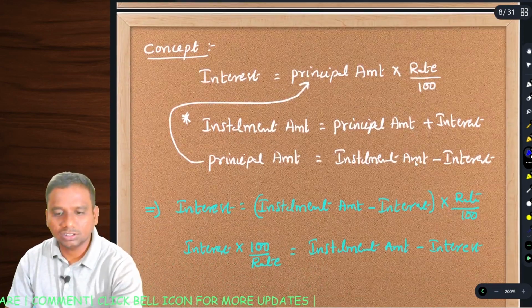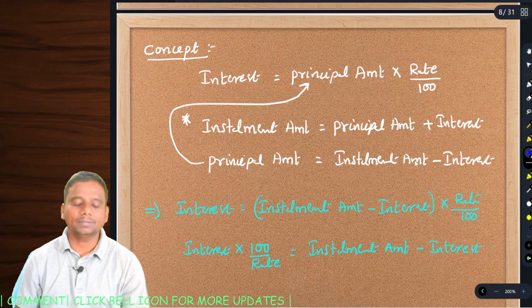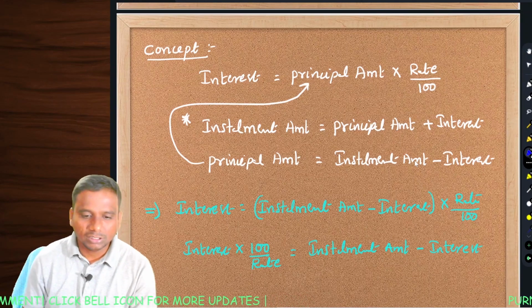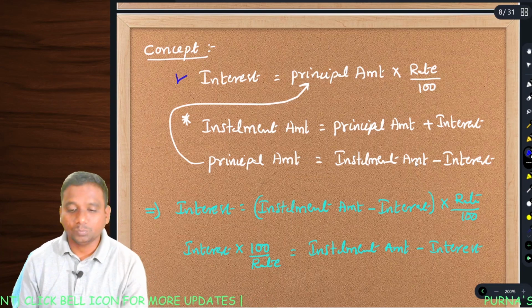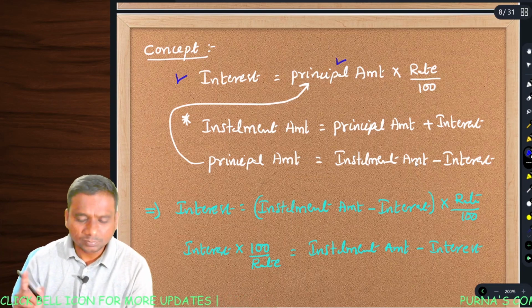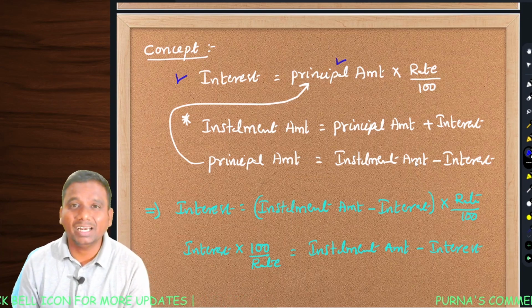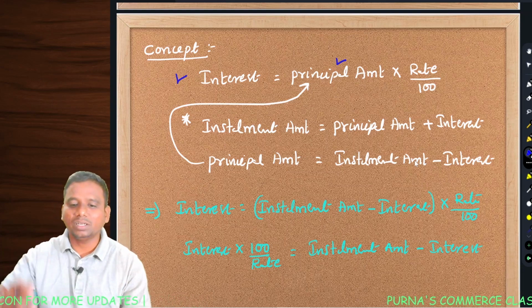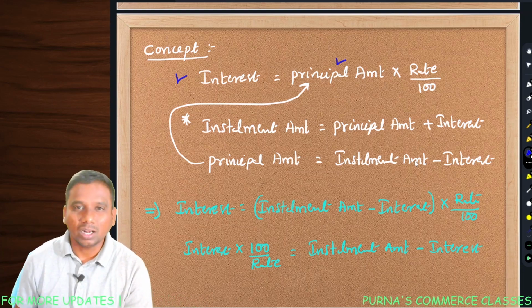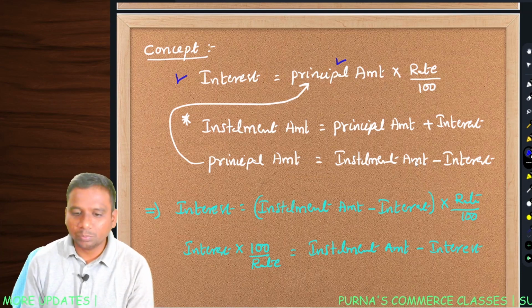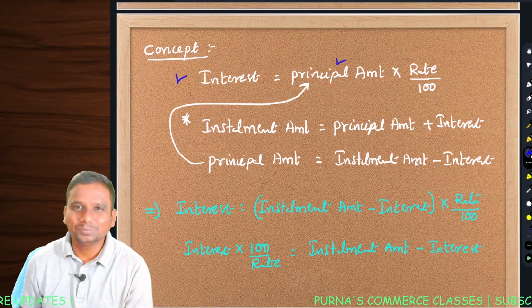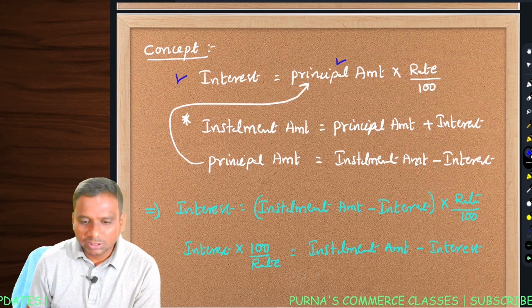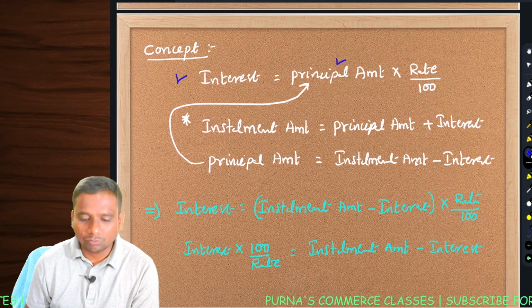See, one small concept here. What is that concept? Generally, interest is calculated on principal amount into rate by 100. Do you know the principal amount? We don't know. Okay, right. But we have another formula.